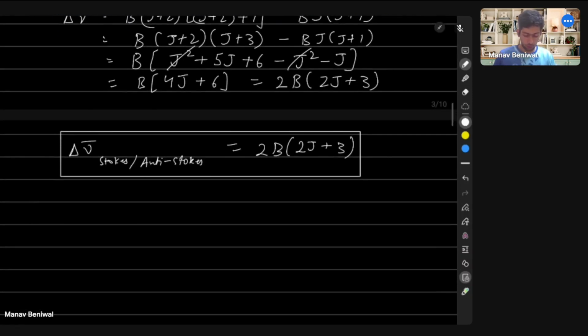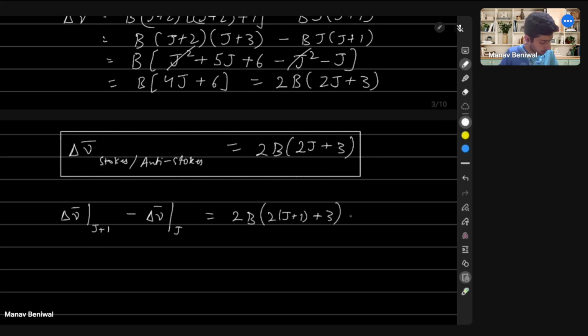So for 2 consecutive ones, we need delta nu bar at J plus 1 minus delta nu bar at J. Let's plug in J plus 1: 2B(2J plus 1 plus 3) minus 2B(2J plus 3).